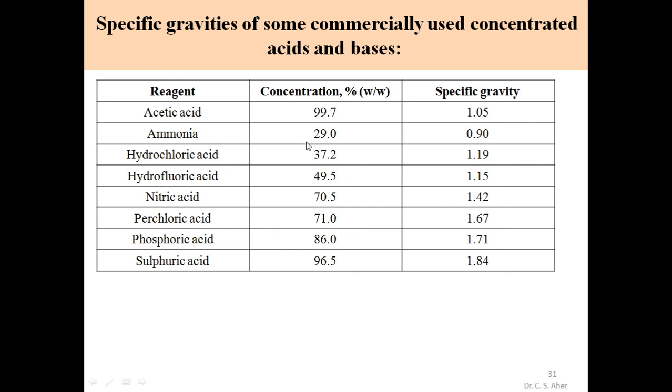Hydrochloric acid HCl 37.2 weight to weight percent has a specific gravity of 1.19. Similarly for sulfuric acid 96.5 weight to weight percent, the specific gravity is 1.84. So this is the specific gravity, which is dimensionless.